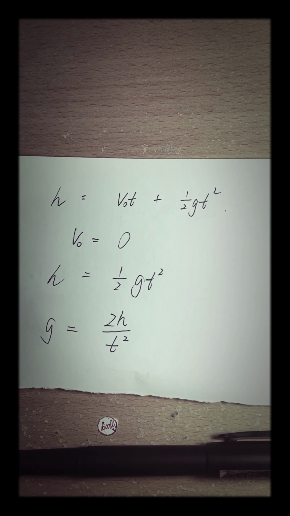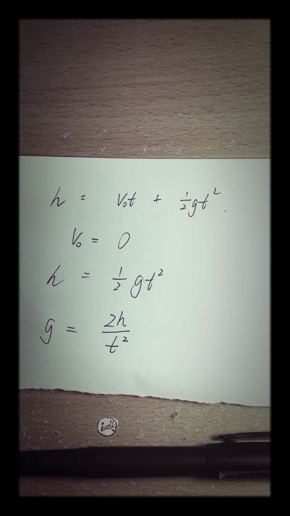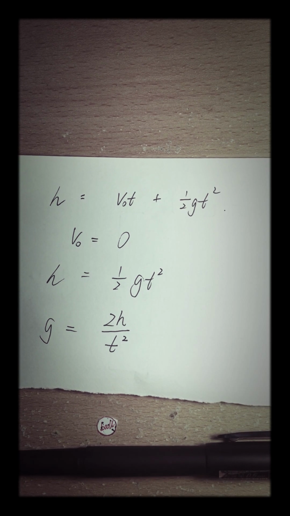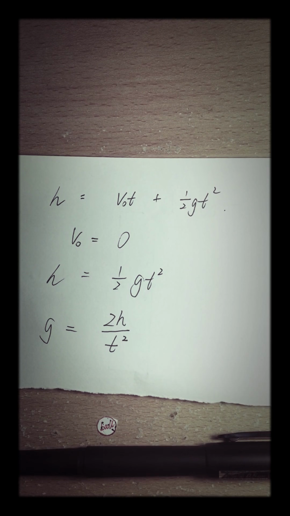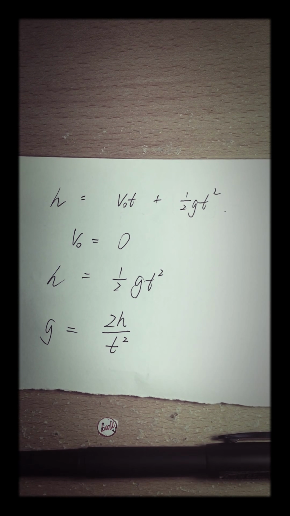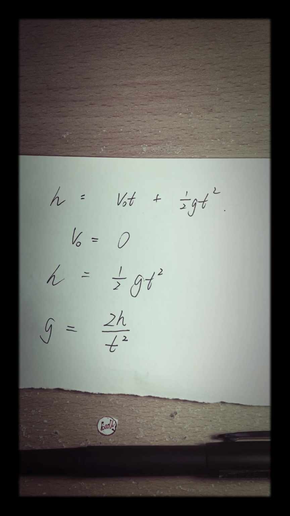We know the initial velocity is 0, so finally g equals 2 times h divided by t squared. T represents the time taken of the whole movement. H is the height of the ball release point above the ground. Repeat this several times, and you will get the average g value.